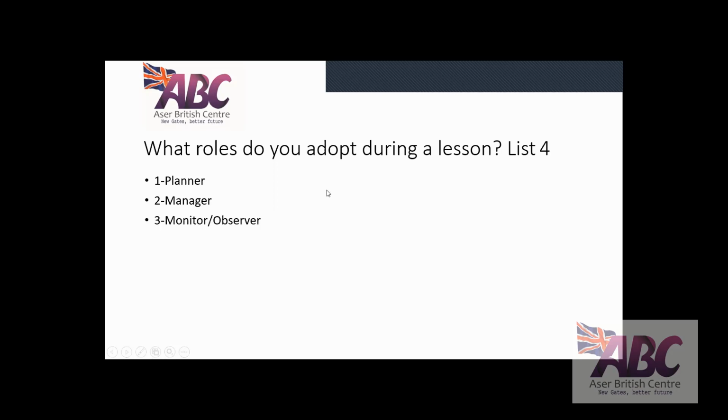Next one, of course, you are a monitor or observer. In this role, you go around the class and watch individual, pair, and group work activities, and check if any of your learners need support. If necessary, you can give support also. Next one, facilitator.